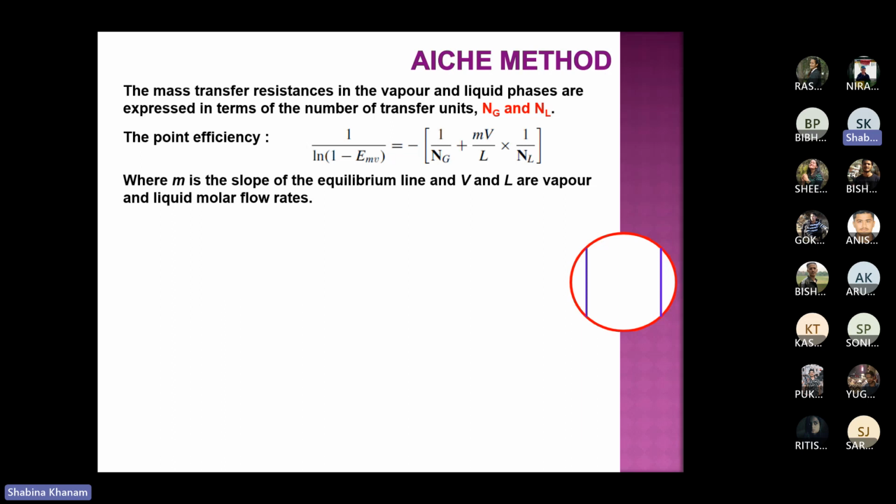So once we have m as the equilibrium line slope, and V and L as the vapor and liquid molar flow rates, we will first find Ng and NL, and then we can calculate EMV. The number of transfer units for the gas phase is given by an expression like this.